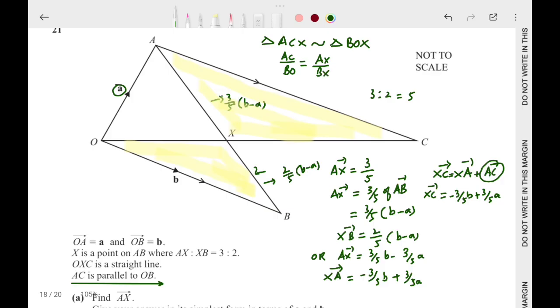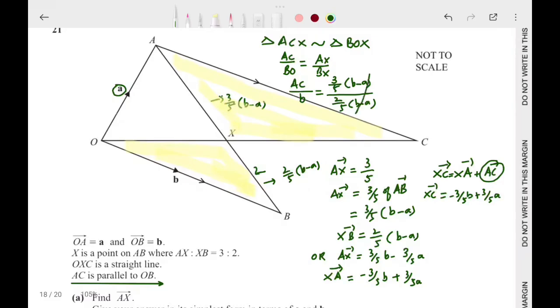In place of AC, I'm going to write AC because it is to be calculated, in place of BO I can write b, in place of AX I can write 3 over 5 b minus a, and in place of BX I can write 2 by 5 b minus a.